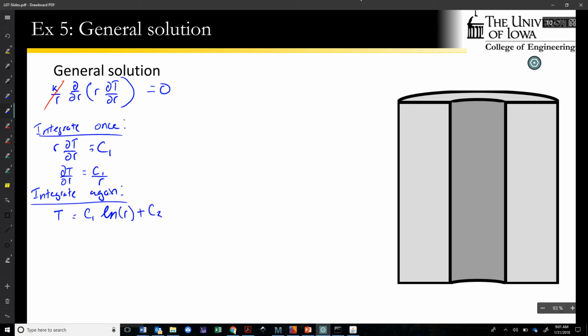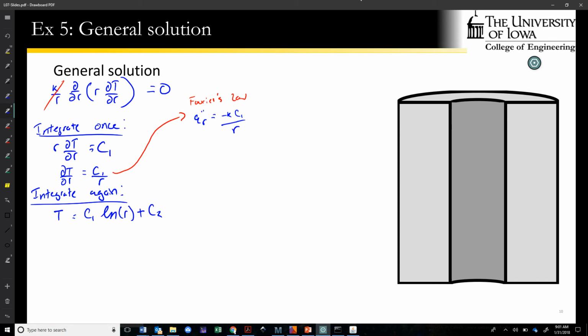But I wanted to point out that if we were to look at this slope here, the slope of the temperature distribution is now, if we applied Fourier's law to this, we'd end up with q double prime r is equal to negative k C1 over r.